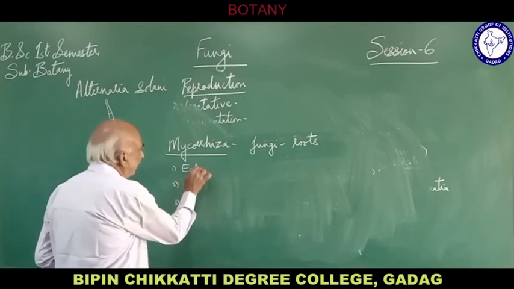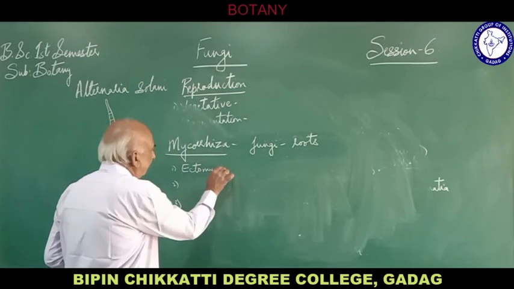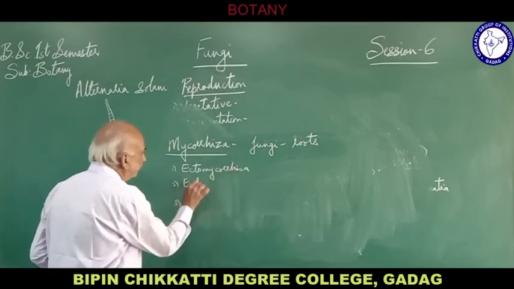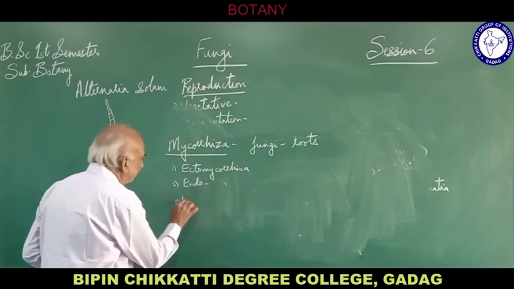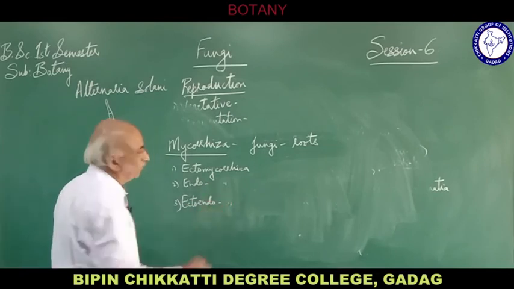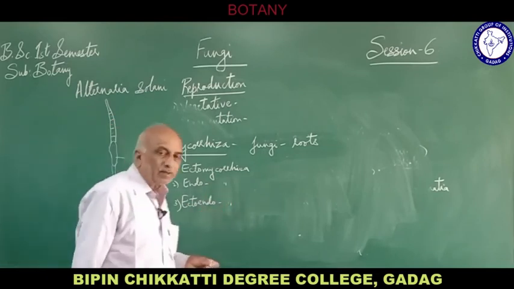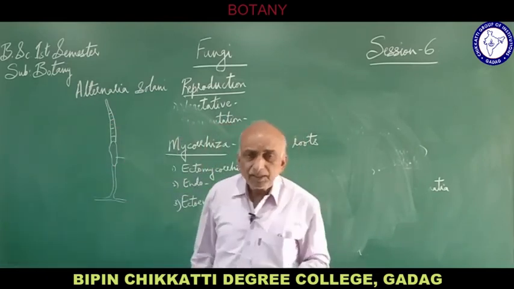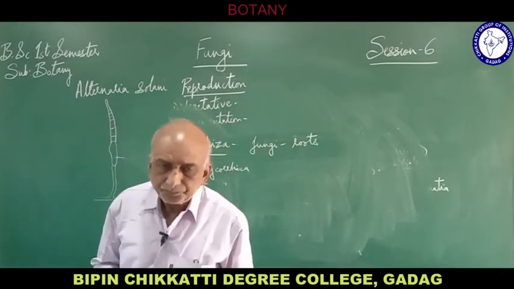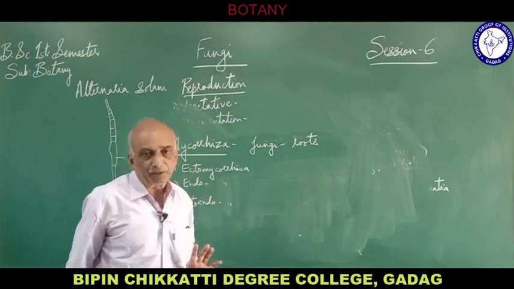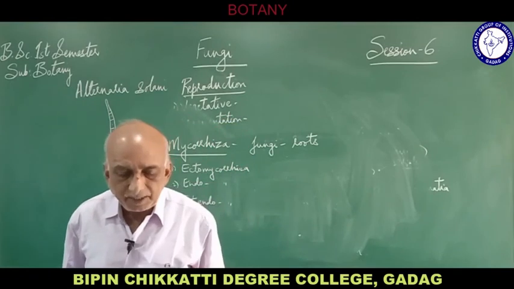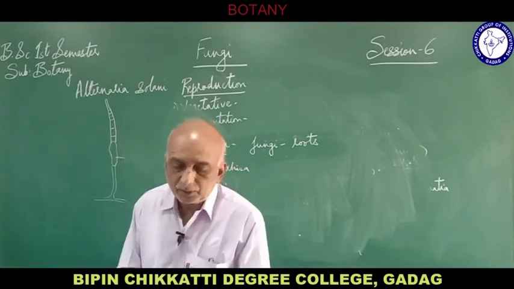Ectomycorrhiza is one type, and endomycorrhiza is another type. Ectomycorrhiza means the fungus is surrounding the tip of the root, completely entangling or enveloping the tip of the roots.